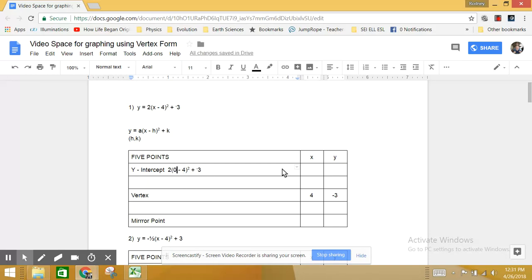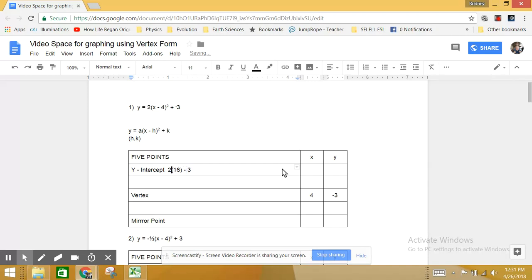If x is 0, then in here is negative 4, so we're going to square negative 4. Negative 4 times negative 4 is 16. Then I'm going to go back and write this plus negative 3 as just minus 3.